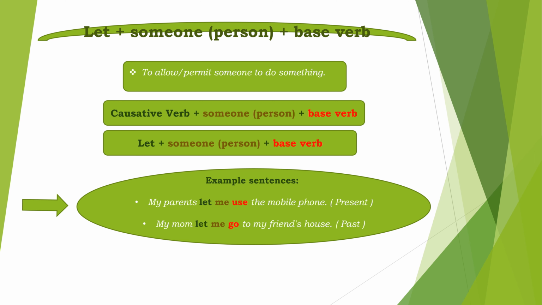It would not change its form in a past tense. My mom let me go to my friend's house. I'm happy. That means my mom permitted me, because this is a past. So permitted me, allowed me to go to my friend's house.